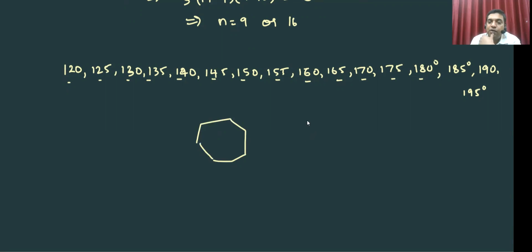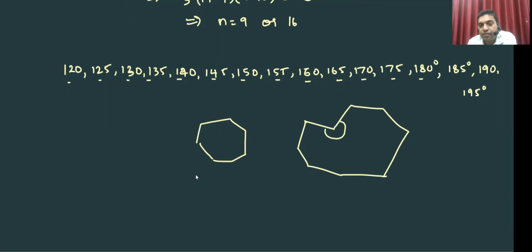Now you can have a polygon like this, where the interior angle can exceed 180. Understand? Okay, sir.